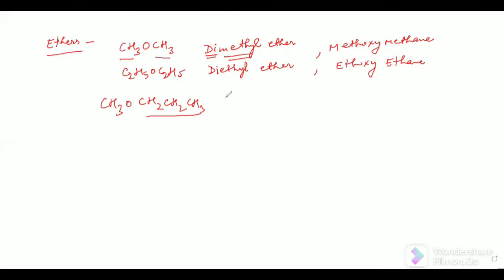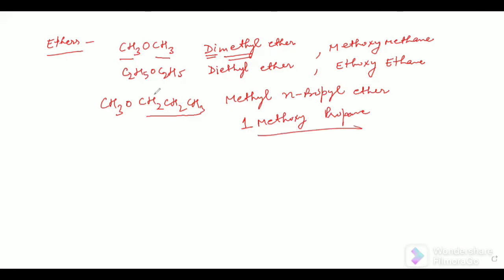So the common name will be methyl n-propyl ether. Why propyl? Because there are 3 carbons. The IUPAC name will be 1-methoxypropane. As I told you, the larger group will be taken as the parent hydrocarbon, so the parent hydrocarbon is propane.